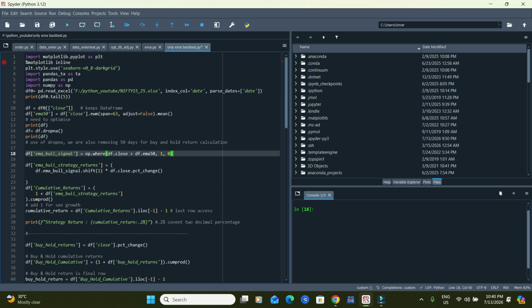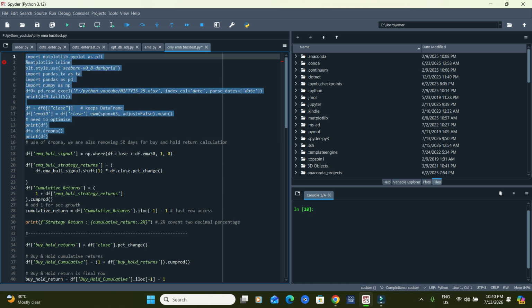We can also cross check this EMA with the chart on the broker website, or any website that gives technical indicators. Just calculate the moving average. We have daily time frame data of 10 years.